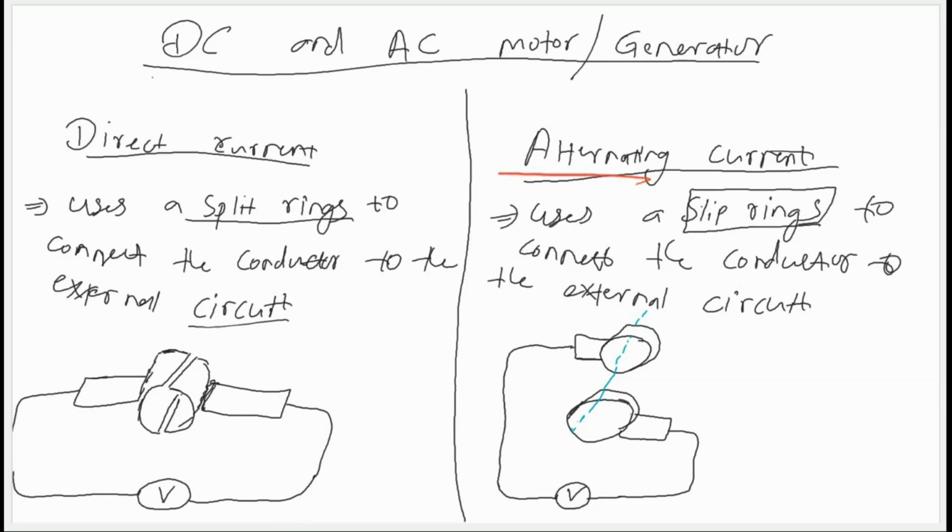So alternating current means that the current that is running through the system is changing direction, and we will also see how this can be demonstrated using a graph.